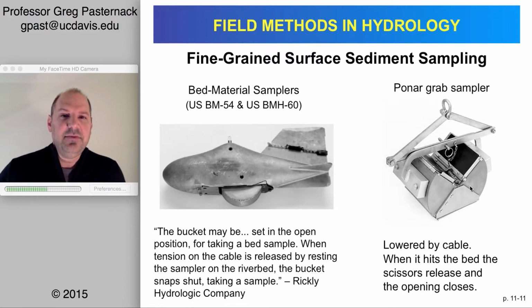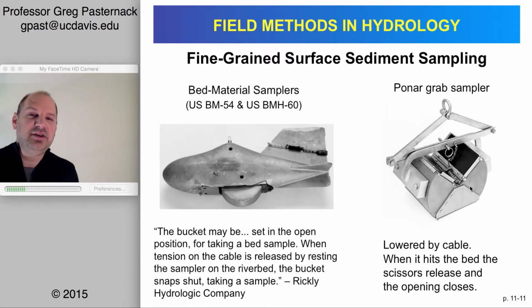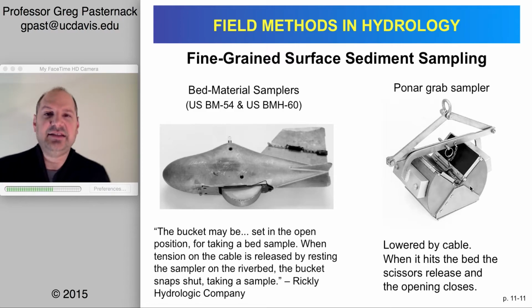Okay, so let's get to the meat of how you would sample sediment in streams. And it's going to hinge on how coarse the material is. For relatively fine-grained material, and so this might be sand, silts, and clays, a very typical approach to use from a boat would be a Ponar grab sampler.